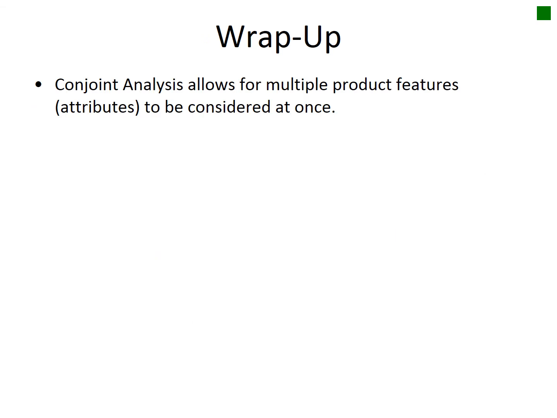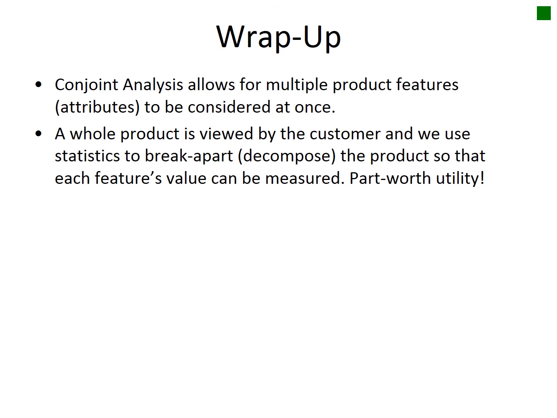All right, so wrapping this section up on trade-off using conjoint analysis, we're often struggling with balancing multiple attributes at once and having a system of equations to be able to calculate what the optimal product is. Conjoint analysis helps us deal with this.